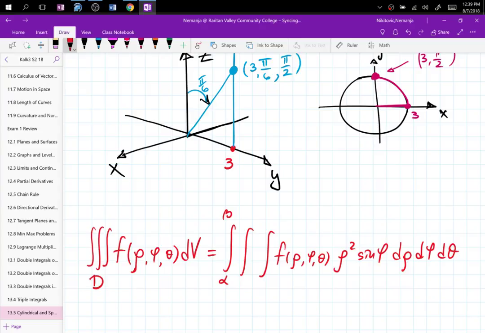Now, polar is rho and theta. So theta goes from alpha to beta. If you want the full shape, 0 to 2 pi, half of the shape, 0 to pi, and so on. And then we have phi. Phi is, again, an angle. They use A and B in the book. I hate it because we generally use Greek letters.